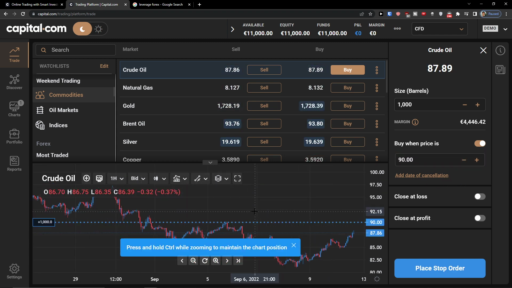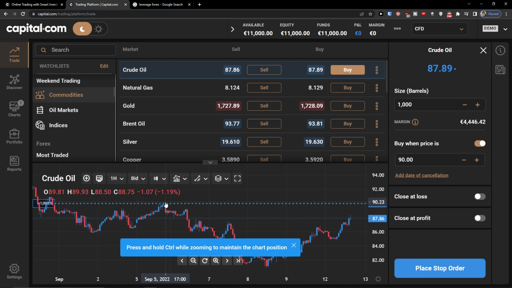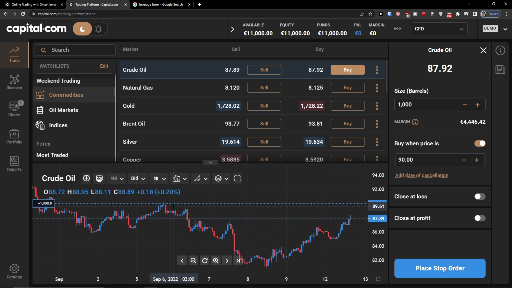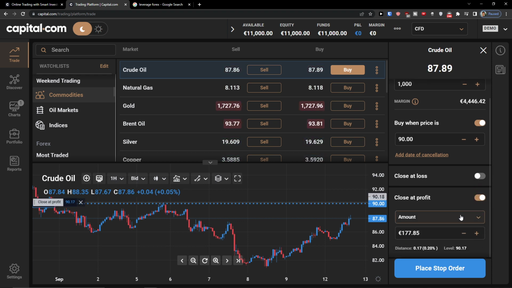Okay. And we could see that 90 was right here in a graph. So September, a few days ago. And close at loss, we will get to it how we can do it. And then you see the close at profit.